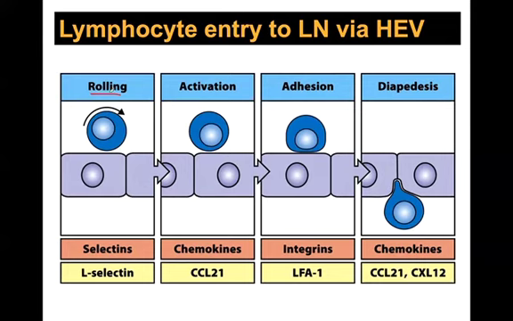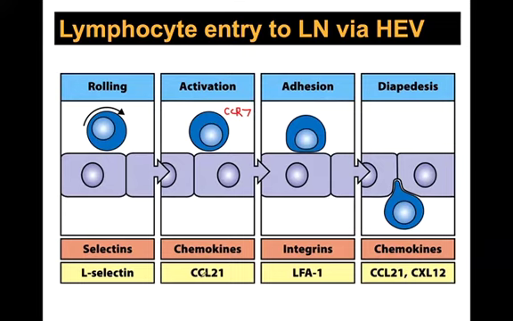What happens is that these naive cells express CCR7, right? Which we've seen before. That's the chemokine receptor that peripheral dendritic cells will start to express once they get activated to tell them to go to the T cell zones. Well, it makes sense that you'd use the same receptor to tell the T cells where to go.